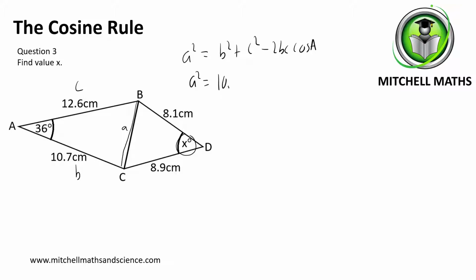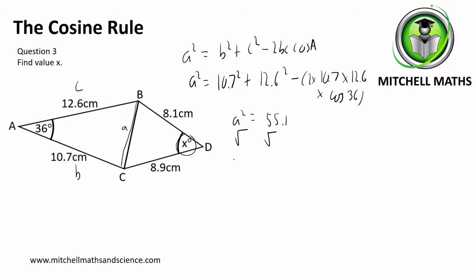Right, okay, so I've got 10.7 squared plus 12.6 squared minus 2 times 10.7 times 12.6 times cos 36. And that gives me a squared equals 55.1. And I need to square root both sides in order to find the length of a, which is 7.42.